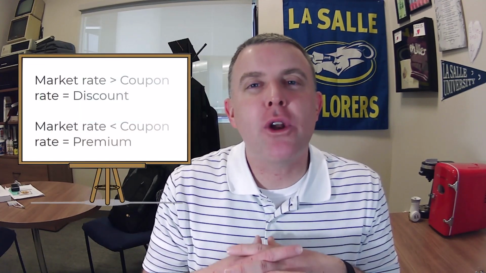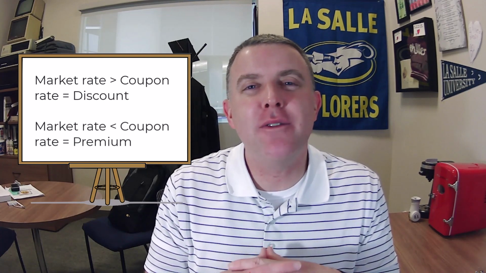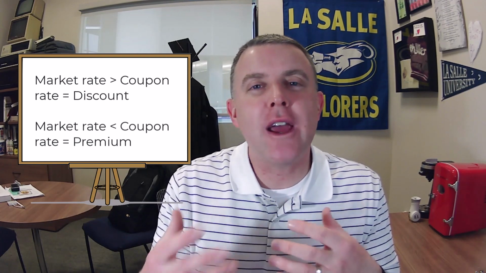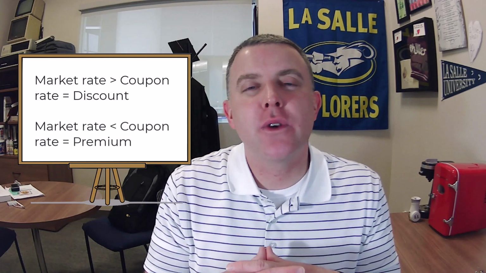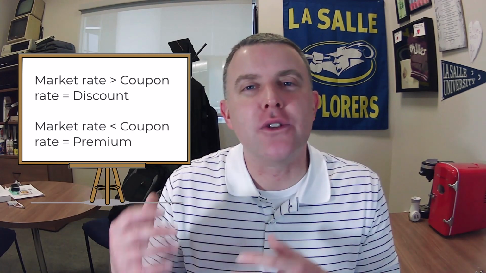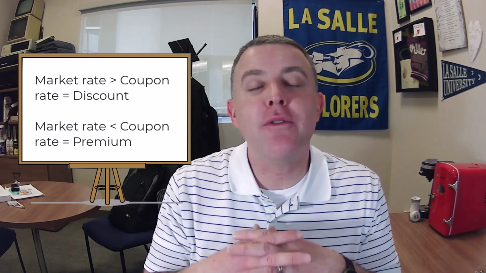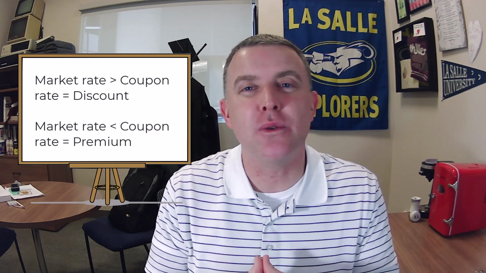Well, in this scenario, they would lower the price of their bonds. So they would offer a discount to bond investors in order to attract those investors so that they would invest in the lower interest rate bond. So they have to offer a discount to make it attractive to investors.